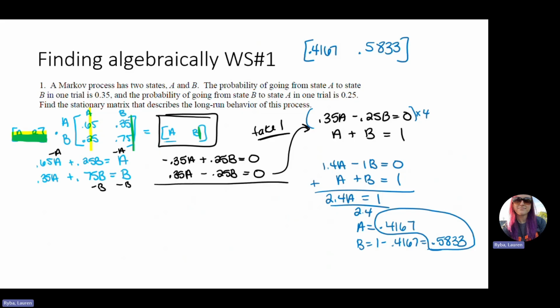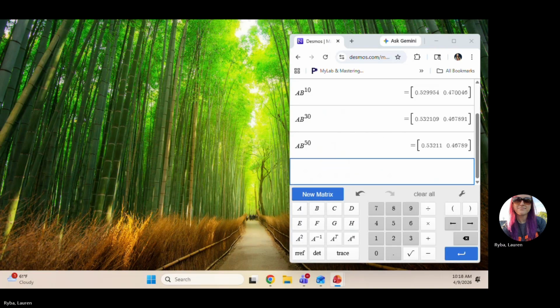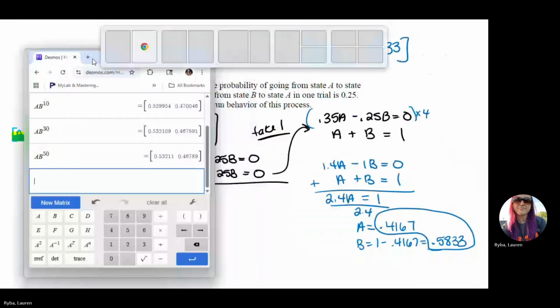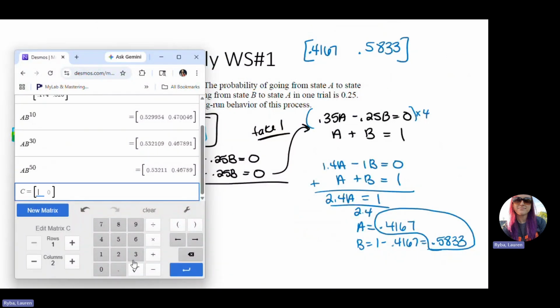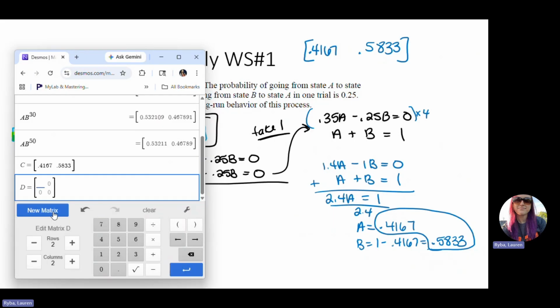And the way I would check would be if I multiply this by my transition and the values stay, I've done it correctly. So if we wanted to do that quickly: row matrix 0.4167, 0.5833, and our 2 by 2 was 0.65, 0.35, 0.25, 0.75.